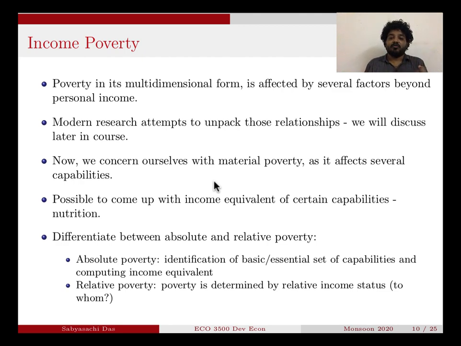Okay, now when I'm talking about relative, so the question arises relative to whom, and a common benchmark is the national average income, let's say, is the usual benchmark, but that need not necessarily be the case. You can think of maybe individuals' capacity to access some of the other essential goods depend on the neighborhood that they live in.